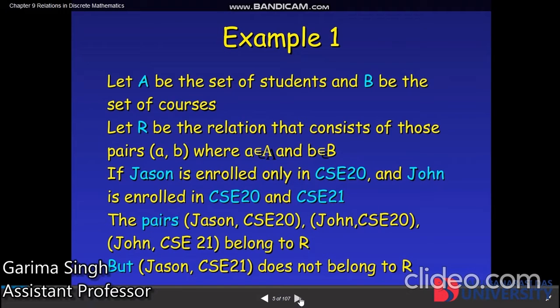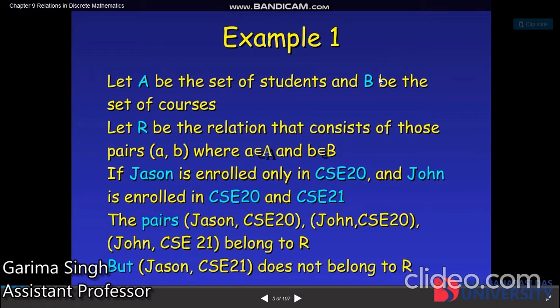You can see this example. Let A be the set of students and B be the set of courses. There is a relation between students and courses. Let R be the relation that consists of those pairs (a, b) where a belongs to A and b belongs to B. Here the example says that we have a set A that contains all the students and a set B that contains all the courses.